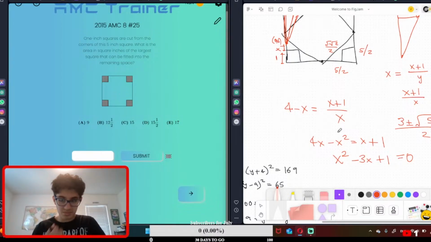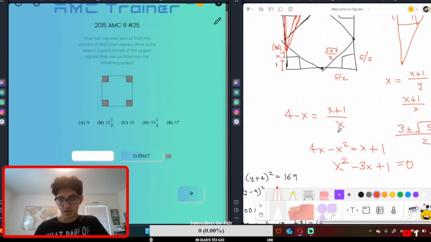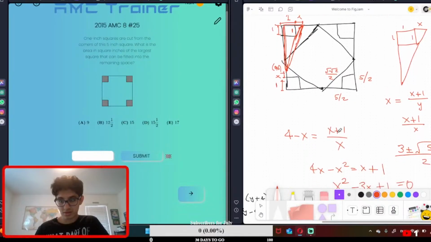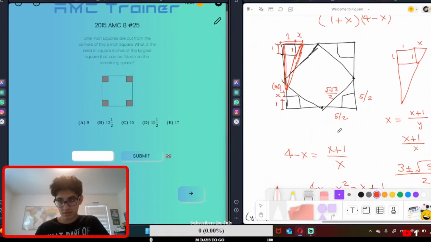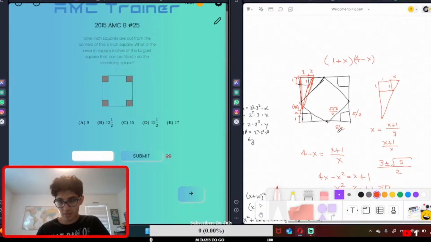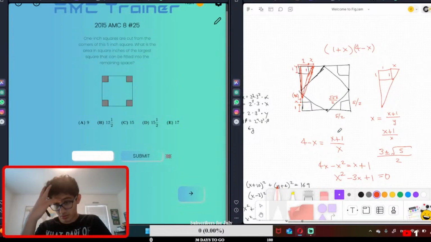And yeah, it's not factorable. The roots will be 3 plus minus 9 minus 4, so root 5 over 2. Okay, I don't think either of the answers are looking too good here.